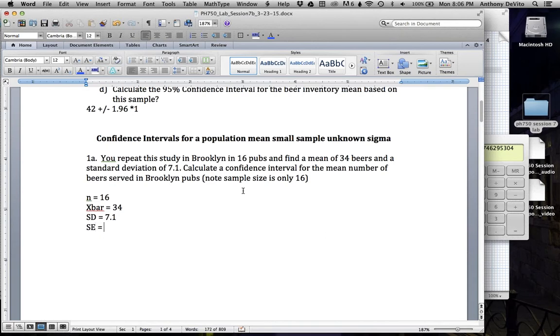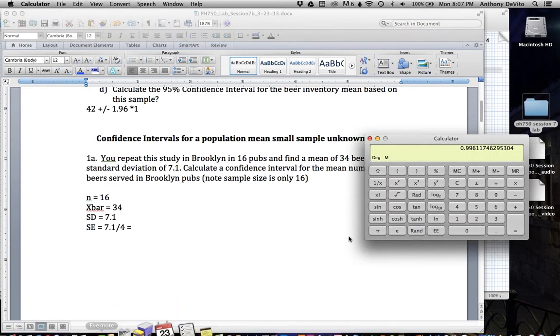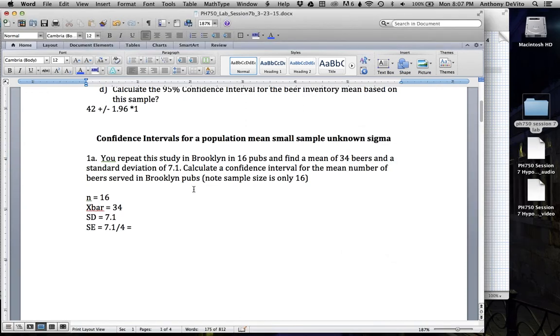So my standard error is still going to be 7.1 divided by the square root of the sample size, which is 16, which is 4. 7.1 divided by 4 is 1.77, I'm going to call it 1.78. 1.78 is our standard error.